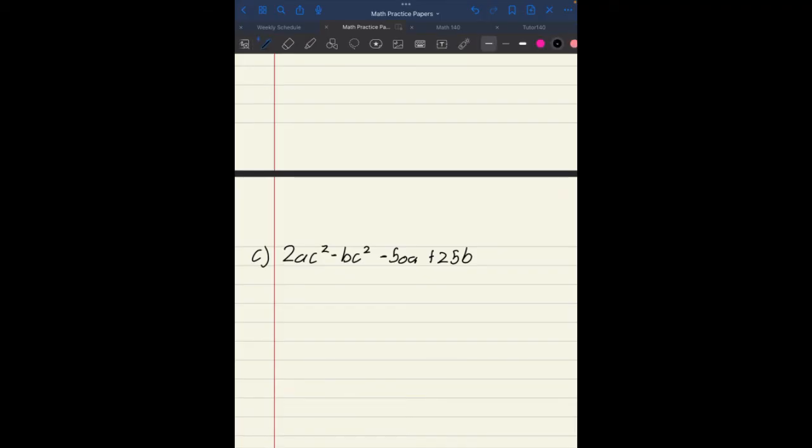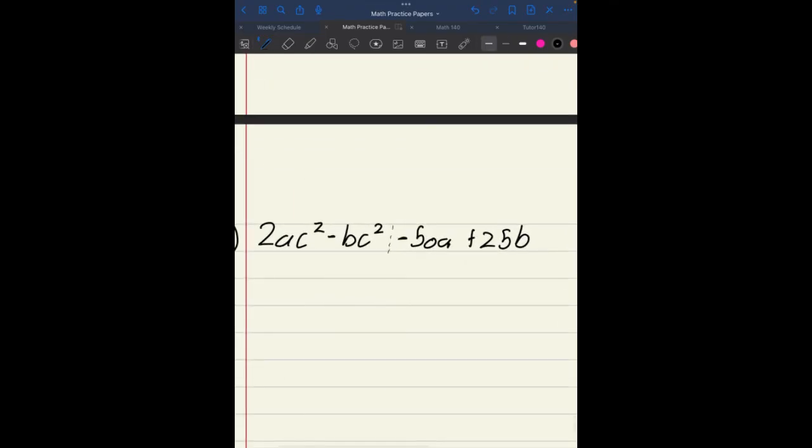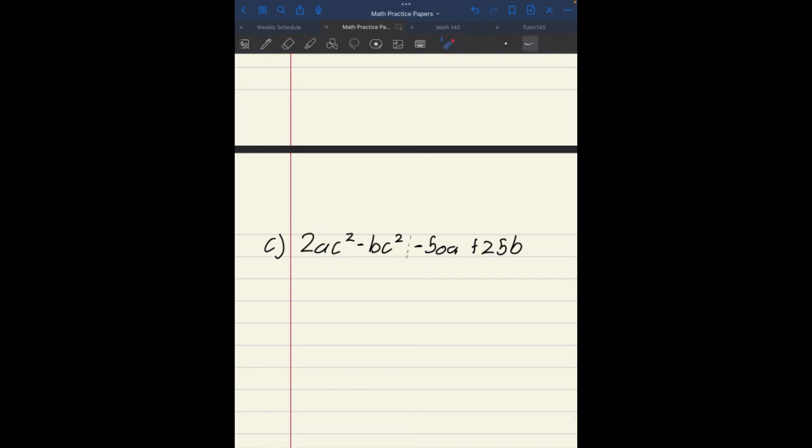Now, looking at this, our first thing we have to do is split it up. So we're going to factor out some stuff. c squared is common in both of these, so we're going to factor out c squared. And then we're left with 2a minus b.